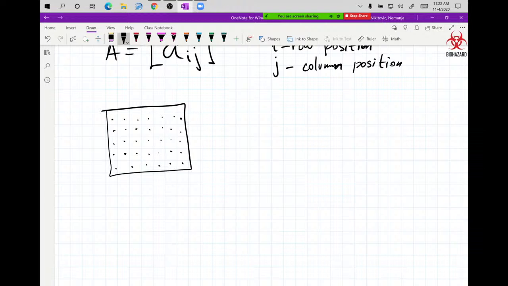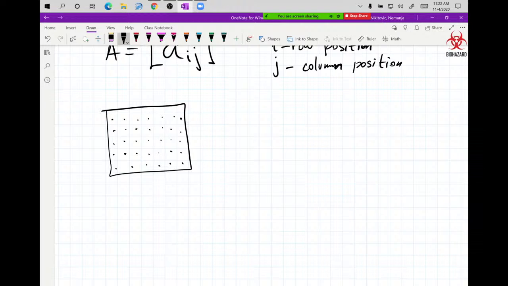Well, it works out that matrices can also be added and subtracted, but they have to be of the same size. And the very simple way of adding and subtracting matrices is that you add corresponding locations, or subtract corresponding locations.